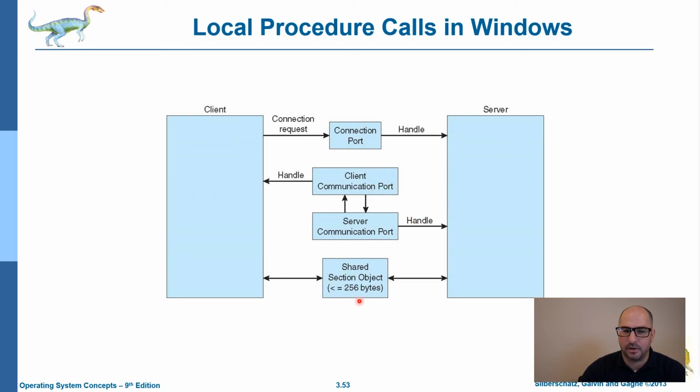If there is shared memory, essentially the same idea, shared objects can be used in this shared section object. So it's the Windows version, a little bit more complex, but the idea is that we're passing information first by establishing a connection, and then we have a communication link along with a little ancillary area to send information to, just to inspect it like shared memory.